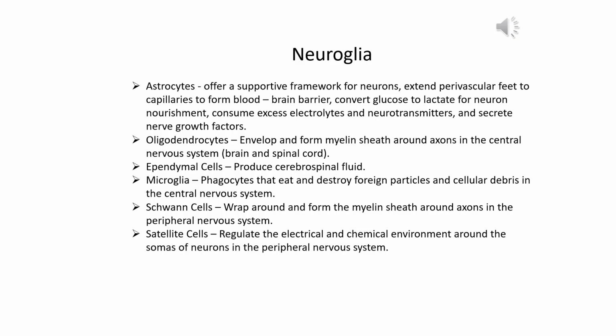So these are called gliomas. So if a person has a brain tumor, chances are it's a glioma. It's very rare for there to be such a thing as a neuroma, a tumor of nerve cells. Nerve cells don't undergo mitosis, so they're not likely to become cancerous. Well, that is not true of the glial cells.